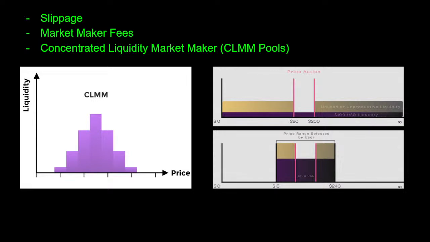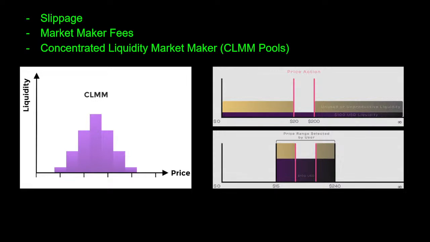The user, the liquidity provider, can select their own range. The range could be minus 99 to plus 100%, maybe even 1000%. In a CLMM pool, you have the advantage of being able to choose your own range compared to an AMM pool where you do not have that advantage, and when you are adding liquidity, it always gets added from 0 to infinity.